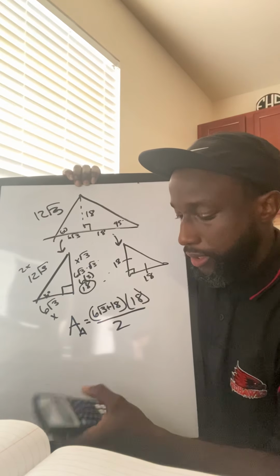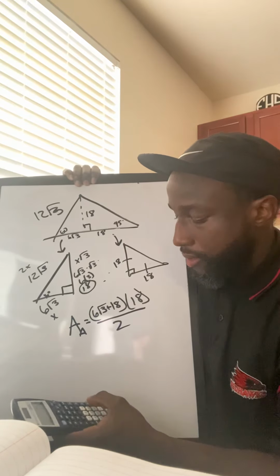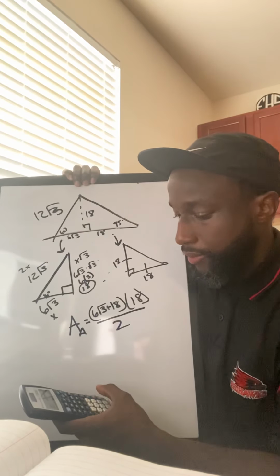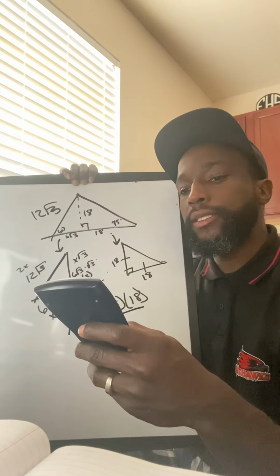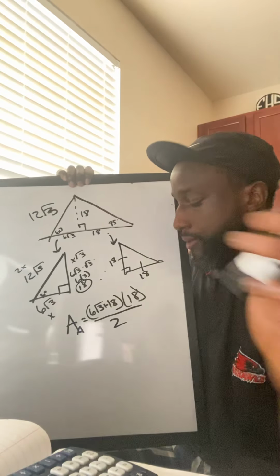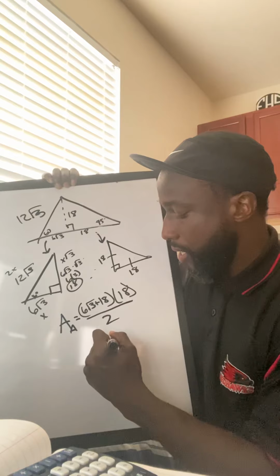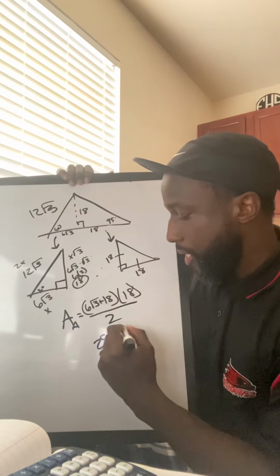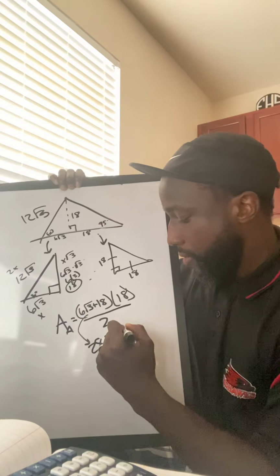Well, let's do 18 plus 6 times the square root of 3, which gives us 28.39. So 28.39 is this part, right?